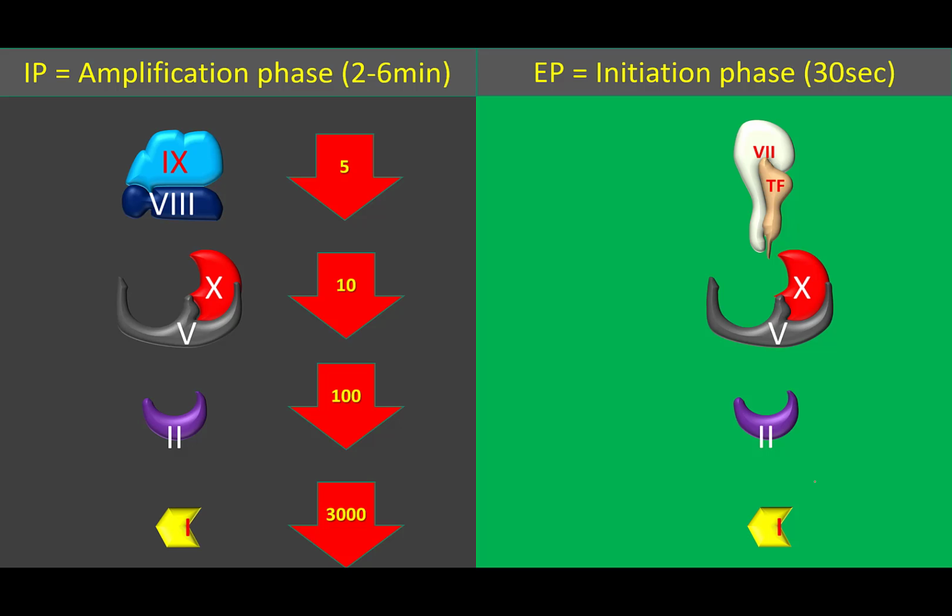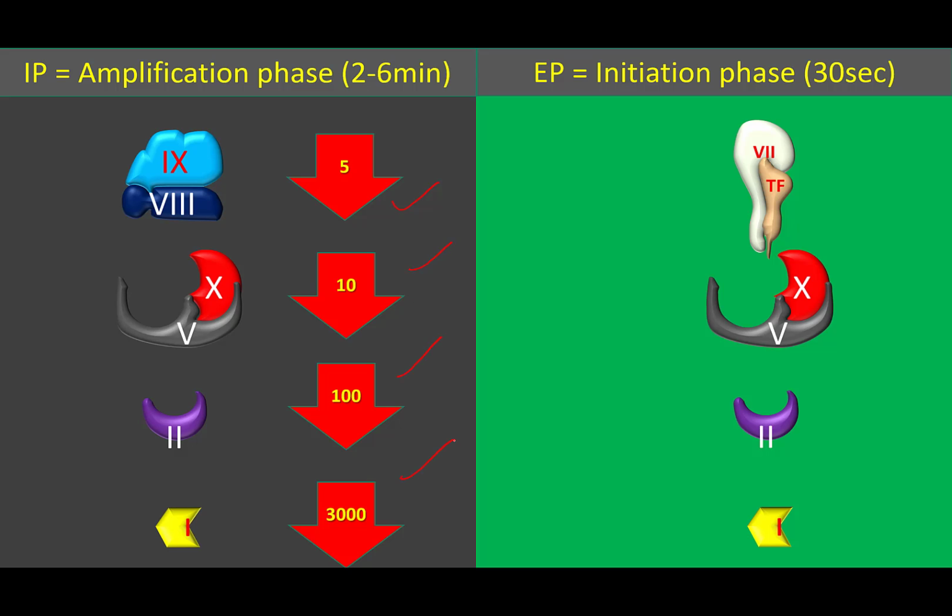Now what we saw here is that the first pathway to get activated is this one, because of the exposure of the tissue factor. The extrinsic pathway is the first step to get activated, the fastest to get activated, but it will not be as efficient as the intrinsic pathway, because the intrinsic pathway has very high amplification.